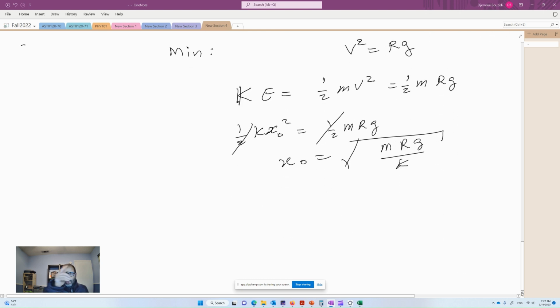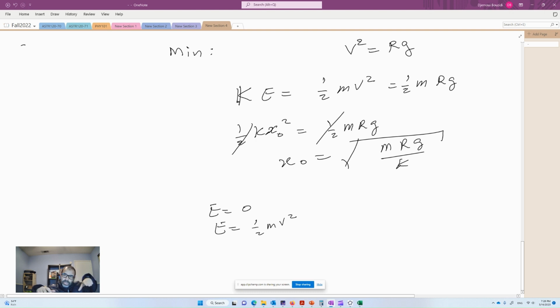Then furthermore, it goes on the loop and then comes out, and that energy is going to vanish in such a way that at the end the total energy is going to be zero, because there is no potential energy, there is no kinetic energy. However, the initial kinetic energy is going to be 1/2 of mv squared. Remember, there is no potential. We are on the same level at this point.